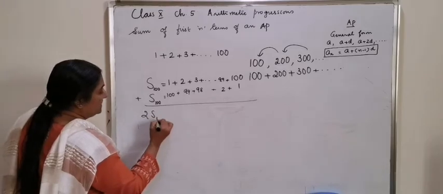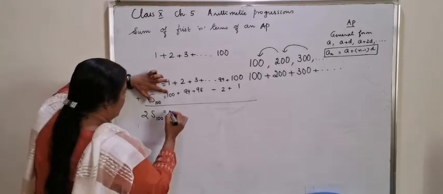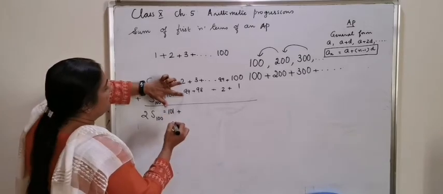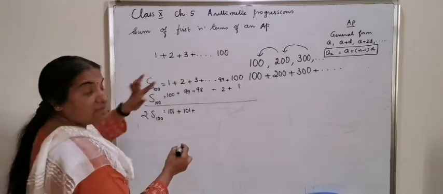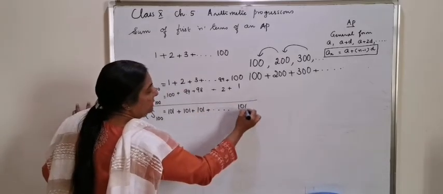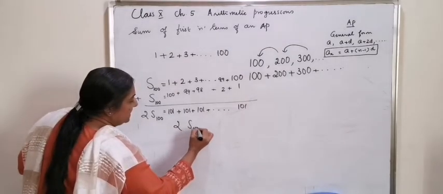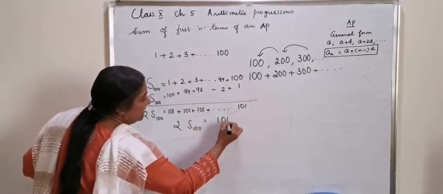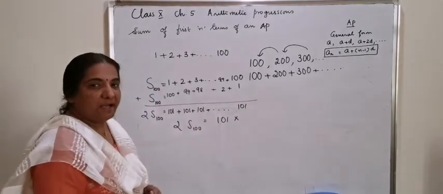What is S100 plus S100? It is 2 times S100, which is the same as 1 plus 100 is 101, 99 plus 2 is also 101, 98 plus 3 is also 101, etc. That means 2 times S100 is the same as 101 repeated 100 times. There were 100 numbers.